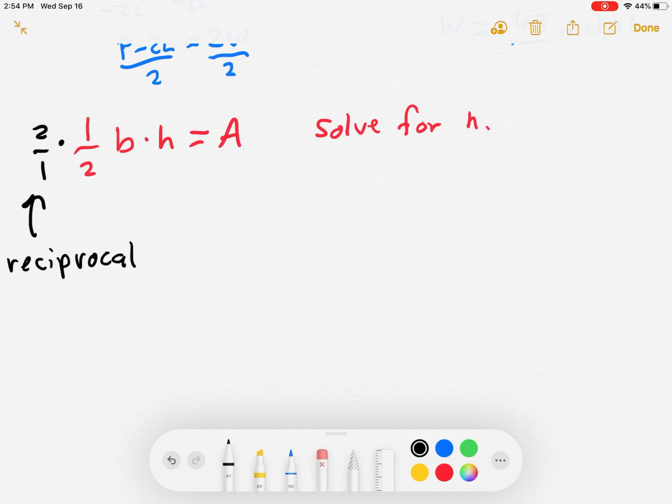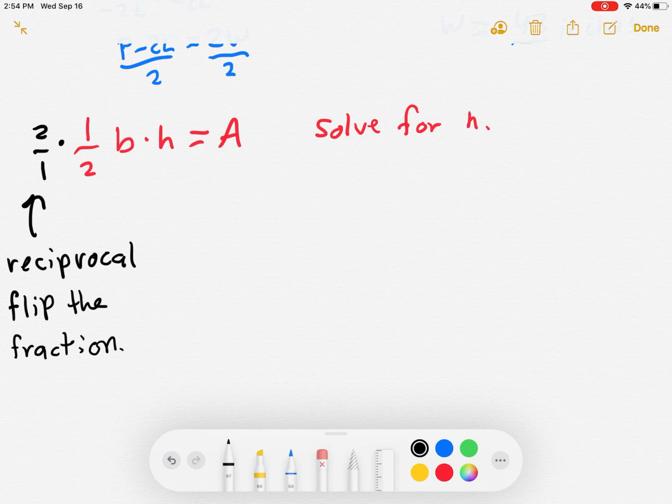You find the reciprocal by flipping the fraction. Dividing by fractions and decimals, it gets weird. I think you're in for a better, more consistent time if you just get in the habit of multiplying by the reciprocal as opposed to dividing by fractions or decimals.